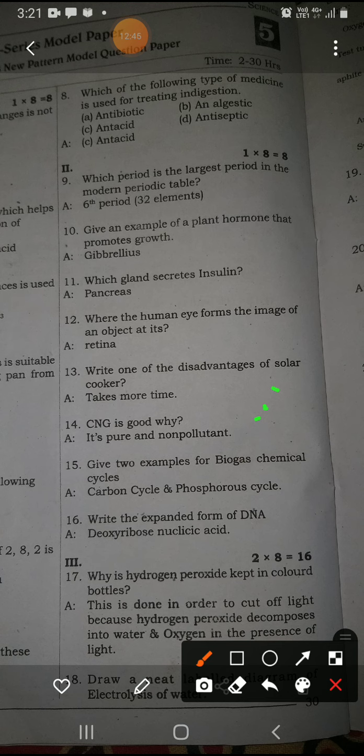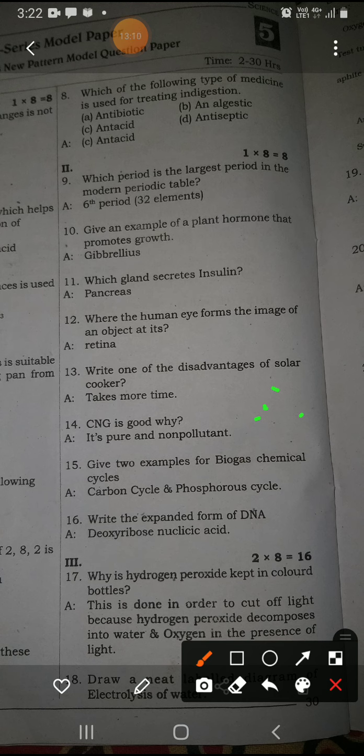So next, write one of the disadvantages of the solar cooker, for 1 mark. We know the advantages of the solar cooker: no need to consume energy, because it works on the principle of solar energy, right? But here they ask not the advantage but the disadvantage.